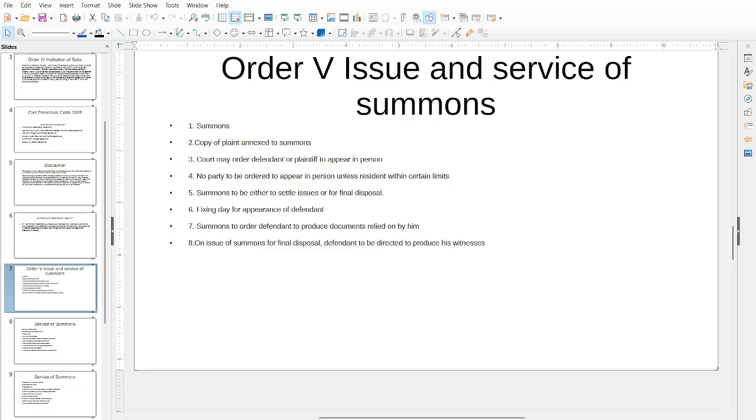Coming to the next point, no party is to be ordered to appear in person unless resident within certain limits. The court will ask the defendant to come, and there should be some reason for that.